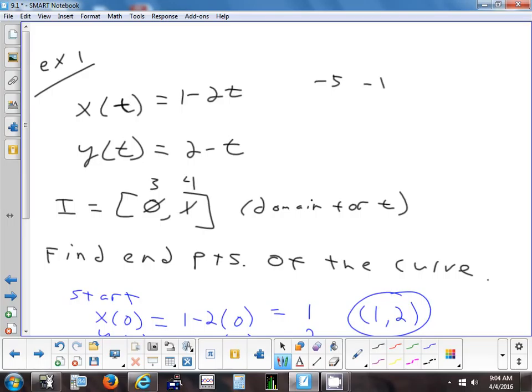So if I put t min as 3, it would start at negative 5, negative 1. It just controls what portion of the graph you see. T step is also important, but we're going to look at that in the next problem.